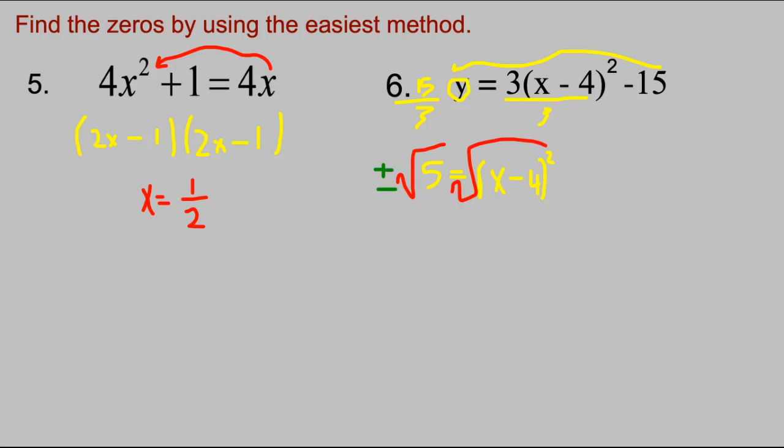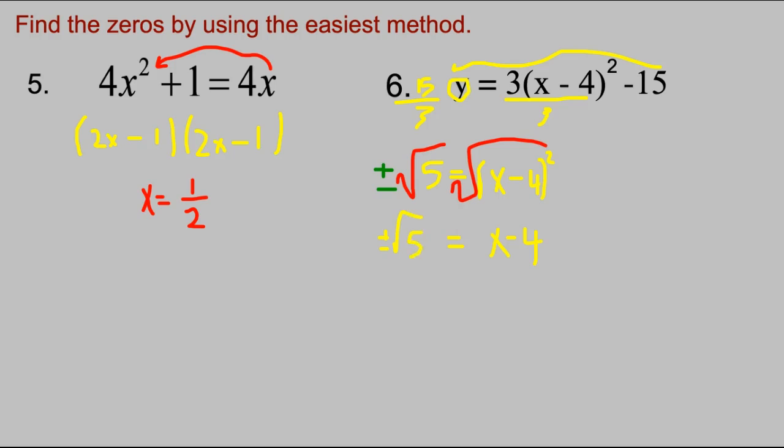And then once this is square root on the right side, and you square root the x minus 4 squared, that x minus 4 squared part goes away. So now we just have x minus 4 over here. And then on the left side, we should have plus or minus the square root of 5. So when you write that, you solve it for x.